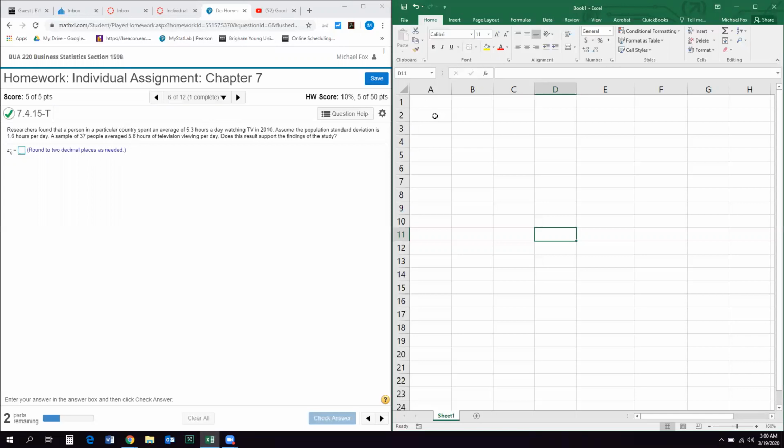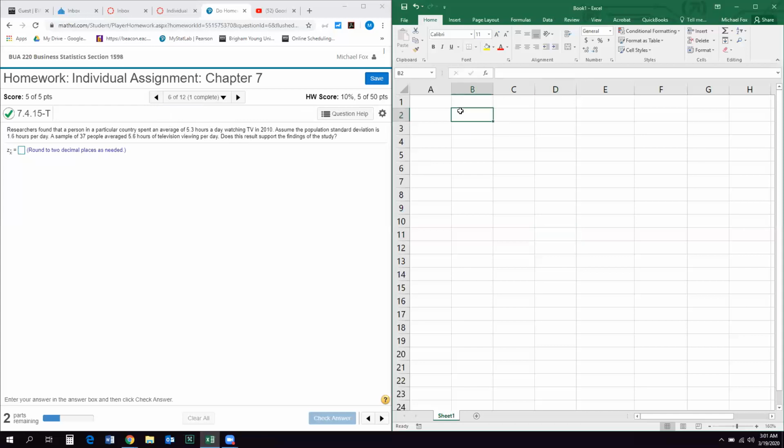So we can use the population mean to approximate the sample mean, but we can't use the population standard deviation to approximate the sample standard deviation.